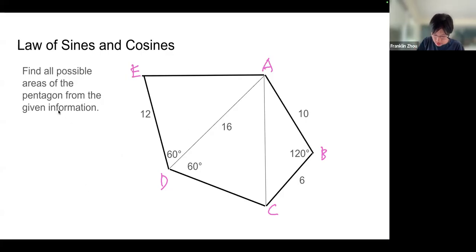All right. So in this triangle ABC, we have two lengths, as well as the angle between them. So we can use law of cosines.